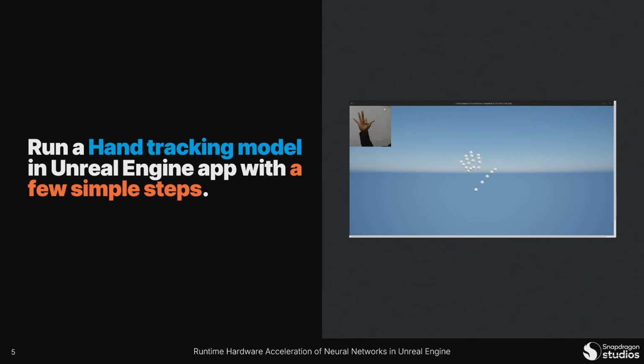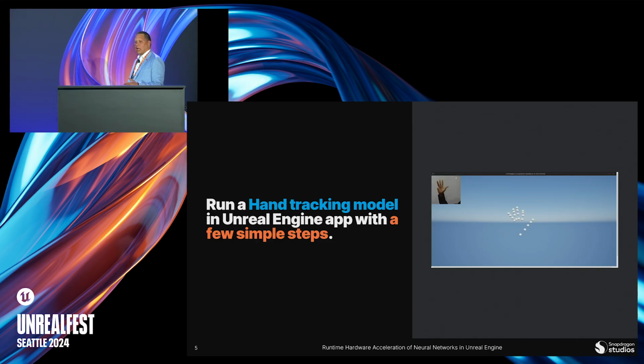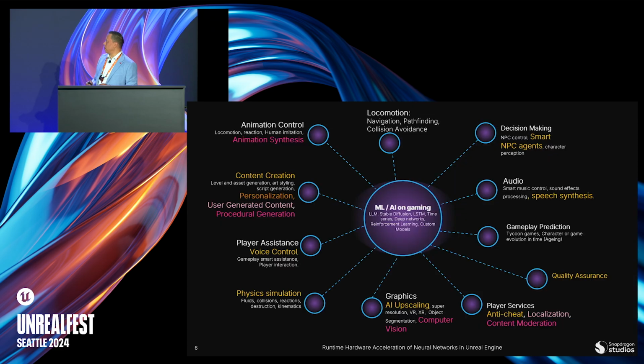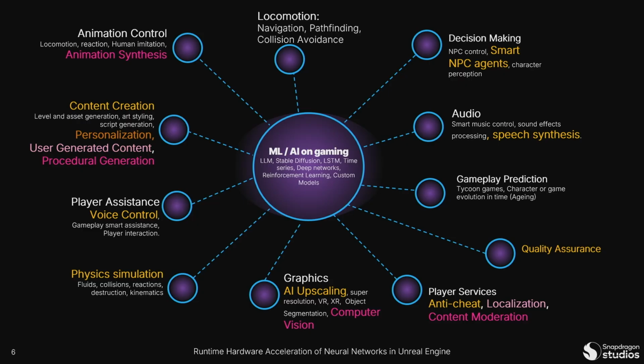So let's continue. Before showing how to do that, I want to make a brief introduction to machine learning in gaming, to paint a big picture because the field is pretty big. With this slide, I want to present the big world of machine learning in gaming, and I'm sure that most of you will see, well, I ran out of space, because there are many applications where machine learning is currently being applied.